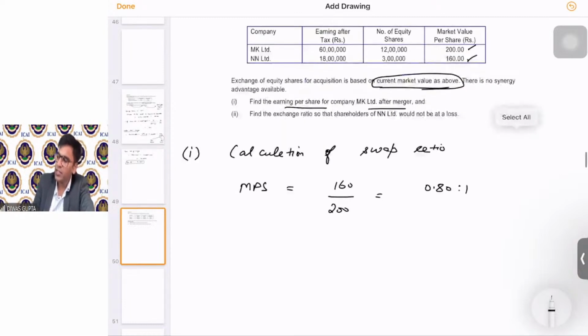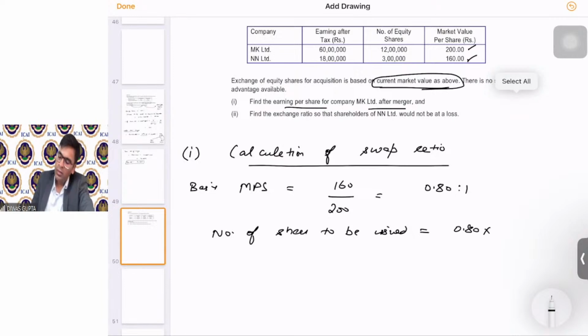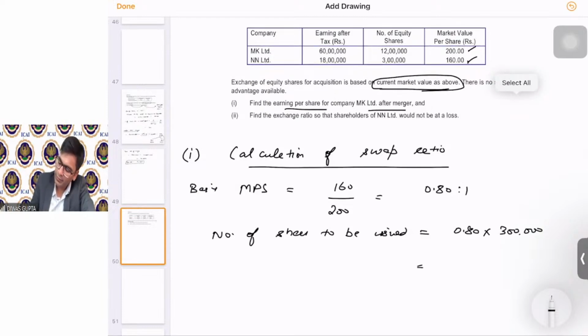So the number of shares to be issued, I can say basis MPS. Swap ratio we have calculated basis MPS. Now number of shares to be issued is 0.80 into 3 lakhs. So this becomes 2,40,000 shares.